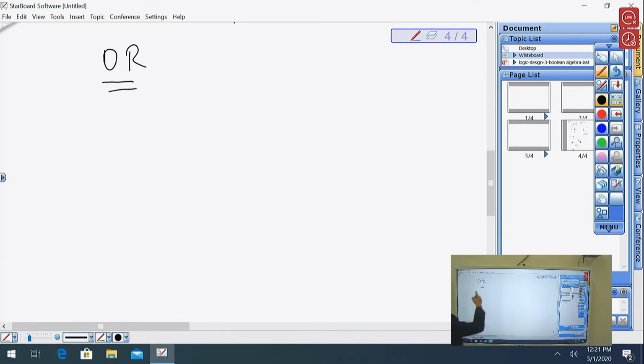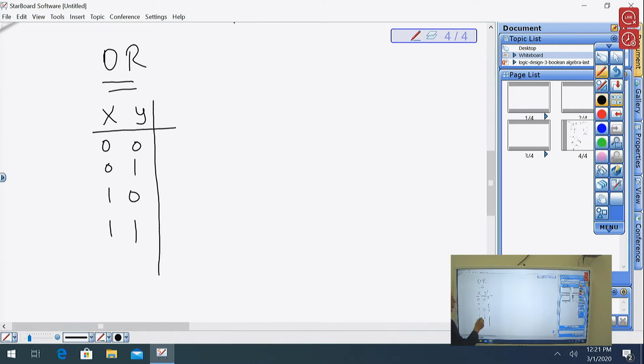In the OR truth table, if any of X and Y is 1, then the output is 1, X or Y. And it is 0 only if all the inputs are 0. And in the same manner, you can obtain the truth table if we have 3 variables.